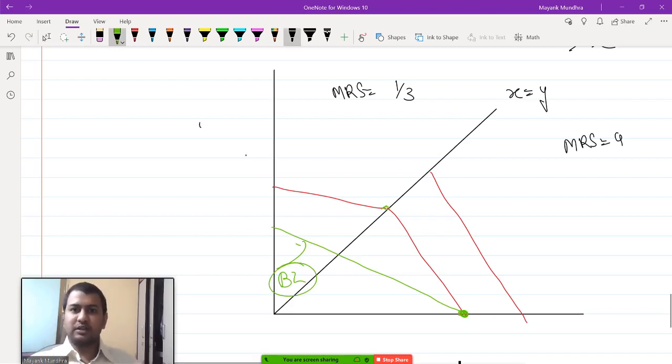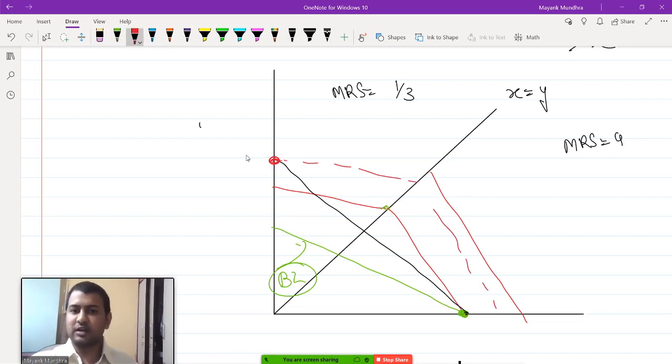On the other hand, if my budget line looks like this, she would consume on the y-axis, because there will be another indifference curve here where she can get a higher utility. So what is the aim? The aim is to reach the highest possible indifference curve. There will be an intermediate situation like here.